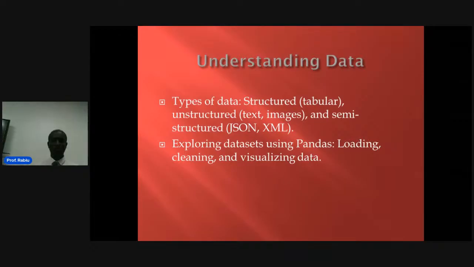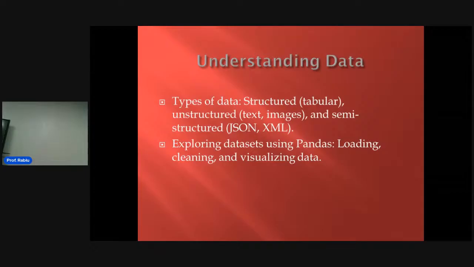Data pre-processing and exploration. We have different types of data. Sometimes the data can be structured, sometimes unstructured, sometimes semi-structured. Structured data means tabular data, which can have a category or classification, like age, gender, sex, marital status, blood group.